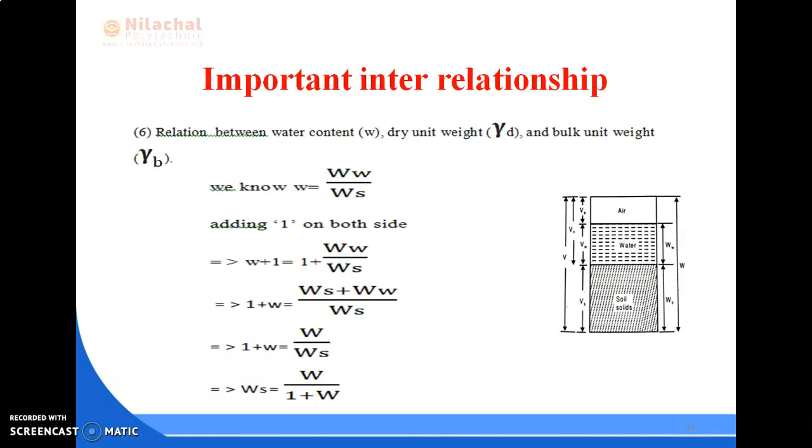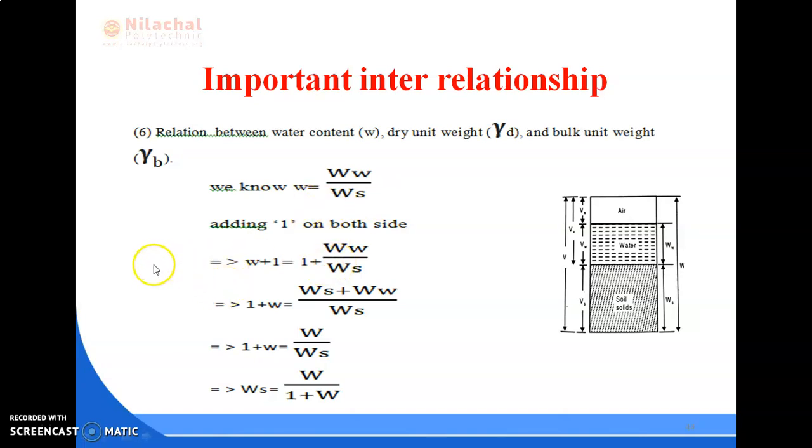Next, the relation between water content W, dry unit weight gamma D and bulk unit weight gamma B. So this is the three-phase diagram. We know water content W equal to weight of water by weight of solid, Ww by Ws. Here we add 1 on both sides.